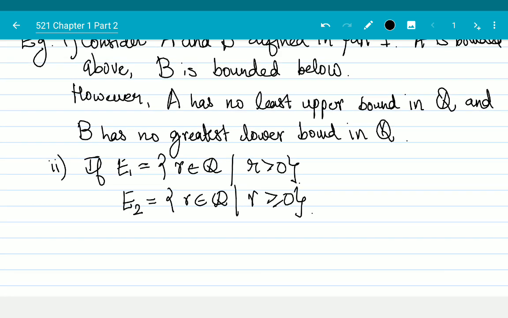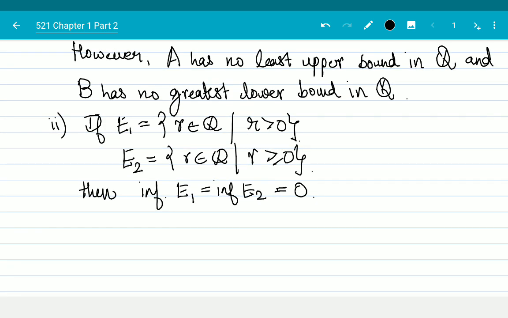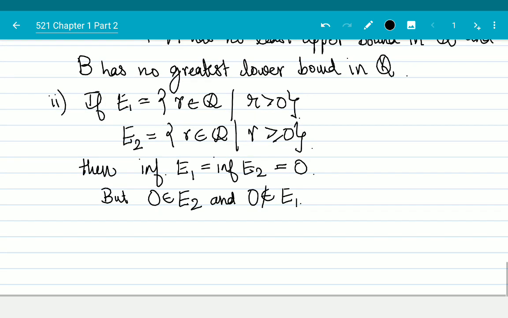Then infimum of E1 equals infimum of E2 equals 0, but 0 belongs to E2 and 0 does not belong to E1.